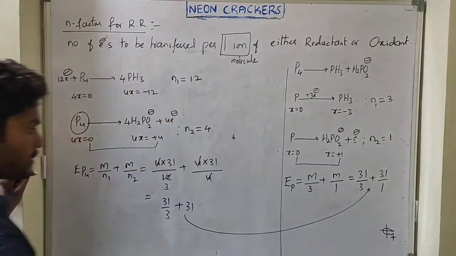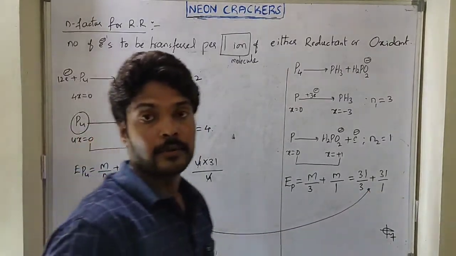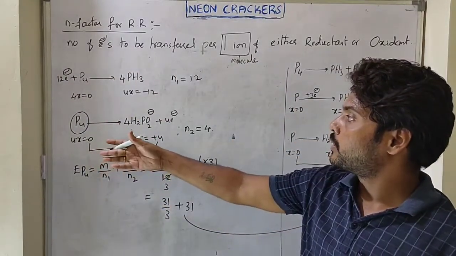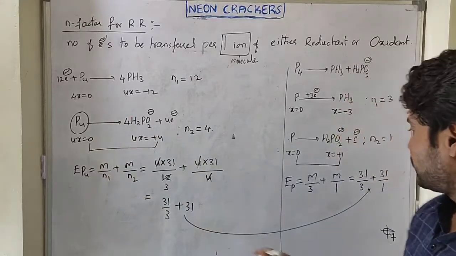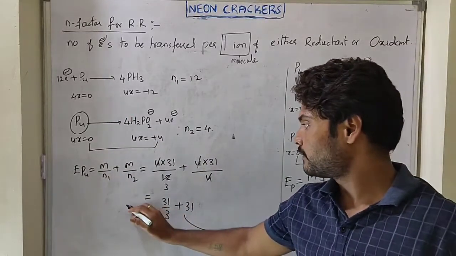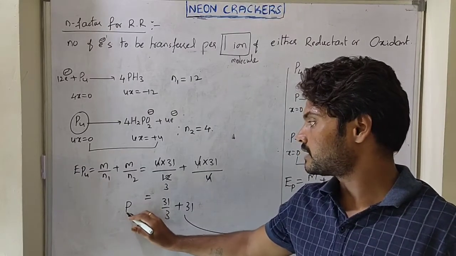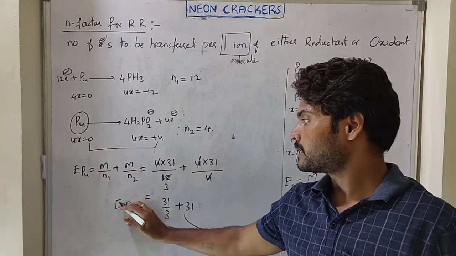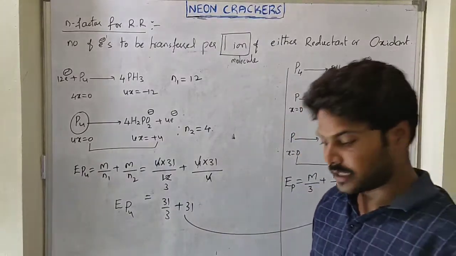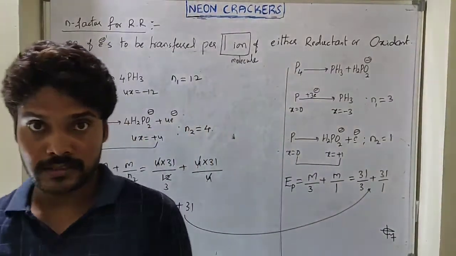So we got the same answer, whether you take a single atom or a polyatomic molecule, in both conditions we get the same answer. This is the equivalent weight of phosphorus, P4.